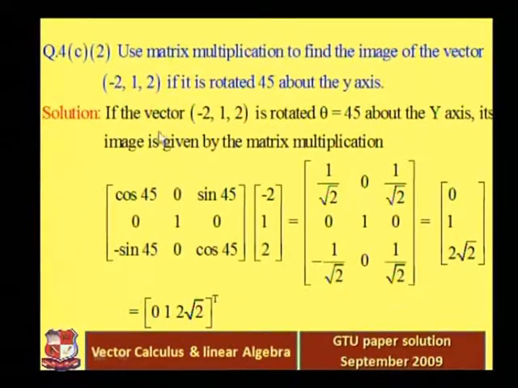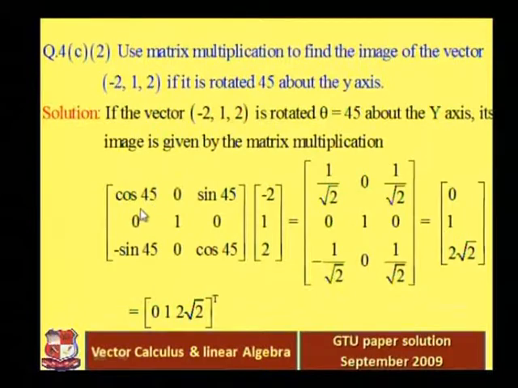Solution: if the vector minus 2 1 2 is rotated by theta equal to 45 about the y axis, its image is given by matrix multiplication, because this is our standard matrix for the rotation: cos theta 0 sin theta, 0 1 0, minus sin theta 0 cos theta. So what is our theta here? We have to rotate the given vector by 45 degrees.